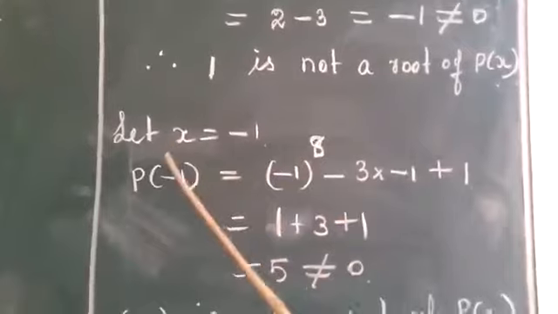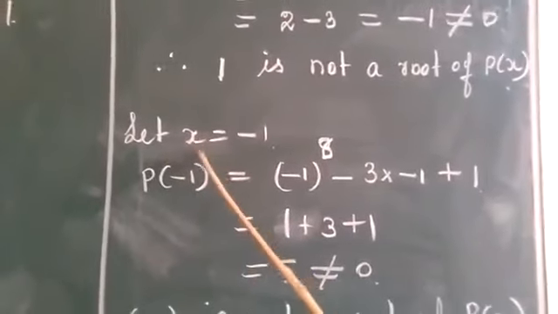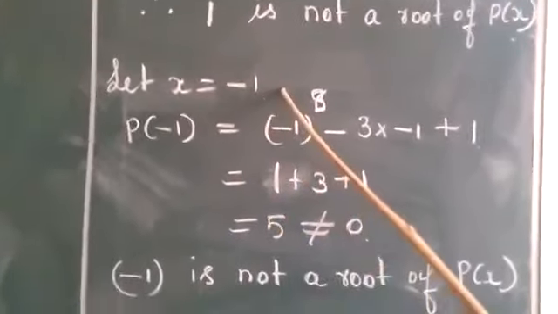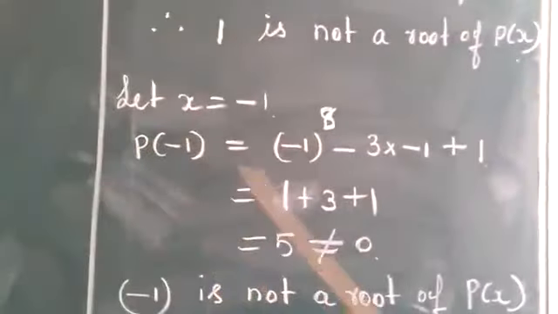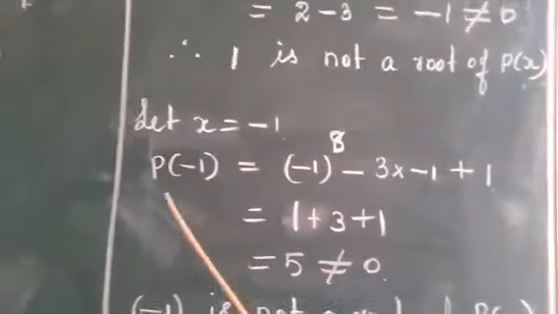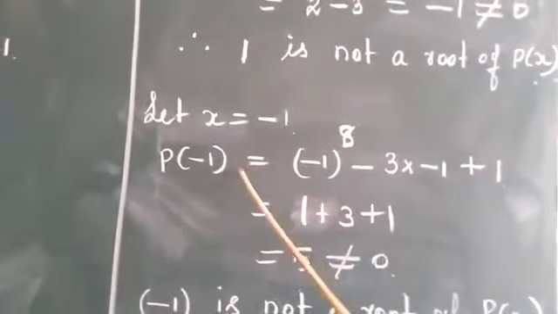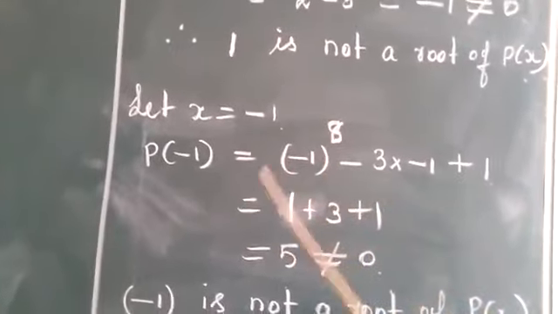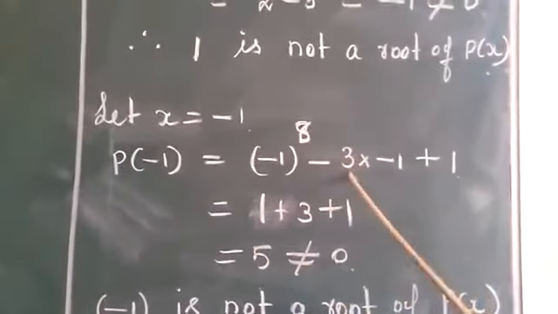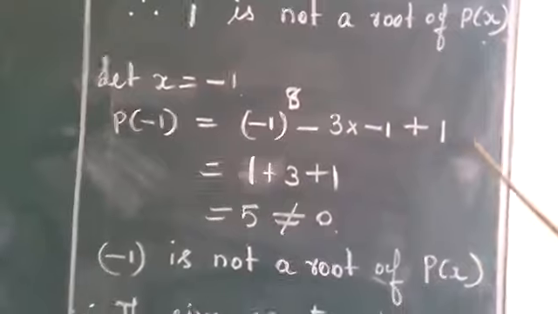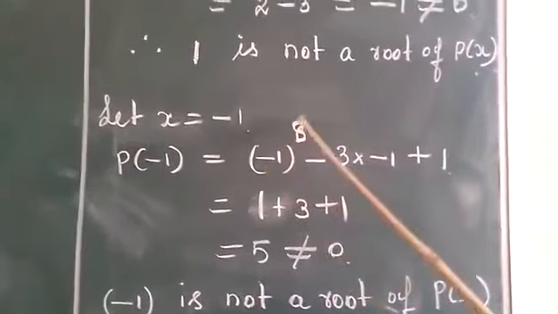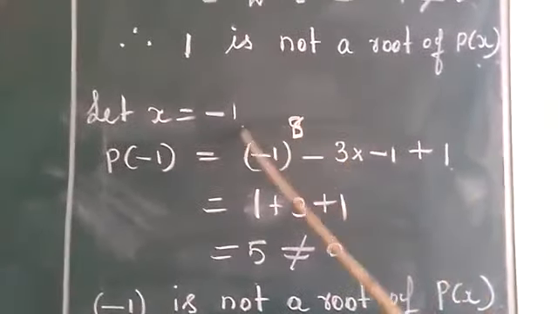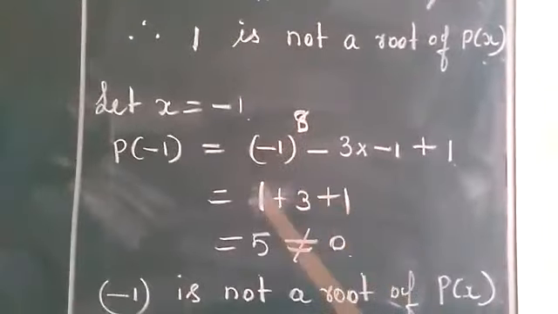Next we are going to check with another root, x equal to minus 1. If we substitute minus 1 in the place of x, we are getting p of minus 1 is equal to minus 1 the whole power 8 minus 3 into minus 1 plus 1. When the power is an even number, the negative sign will change into positive.